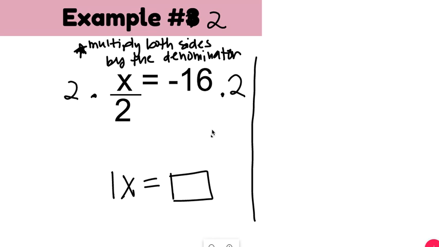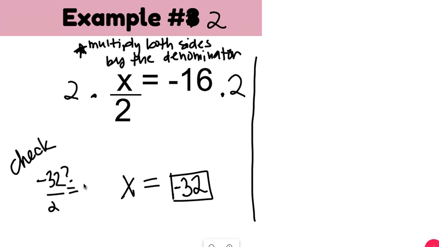And on the right-hand side, I multiply and get negative 32. And I don't need the 1 there. Of course, I left out step 5 to check it. Negative 32 over 2. Does it equal negative 16? Negative 32 divided by 2 is negative 16. So it checks.